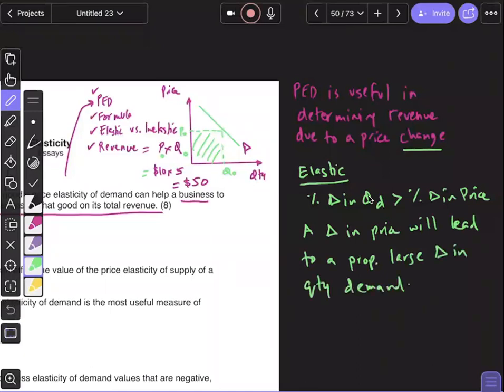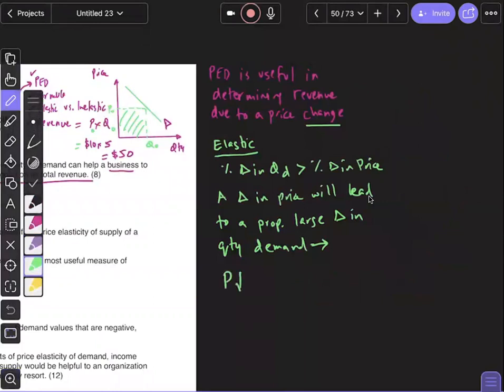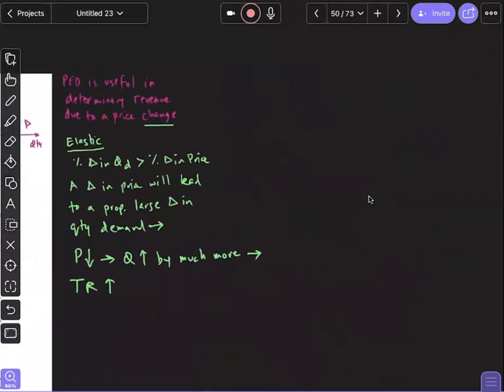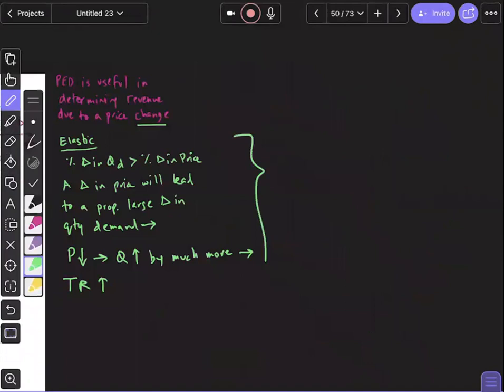And that means, from a firm's perspective, when the firm is selling something elastic and lowers the price, the quantity will rise by much more, and that will make total revenue go up. So when a firm is selling an elastic good, they should be lowering the price to increase total revenue.